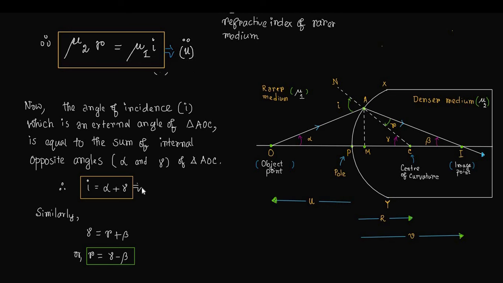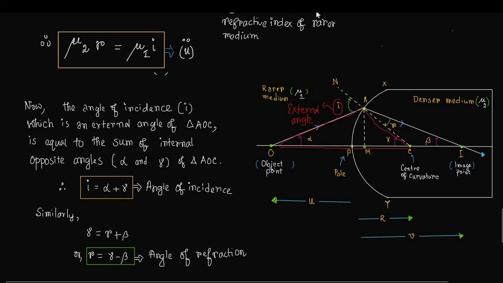I is equal to alpha plus gamma, that is the angle of incidence. Similarly, R is equal to gamma minus beta, which is the angle of refraction. In the diagram, I is the external angle of the triangle AOC, and this I will be the sum of alpha and gamma.